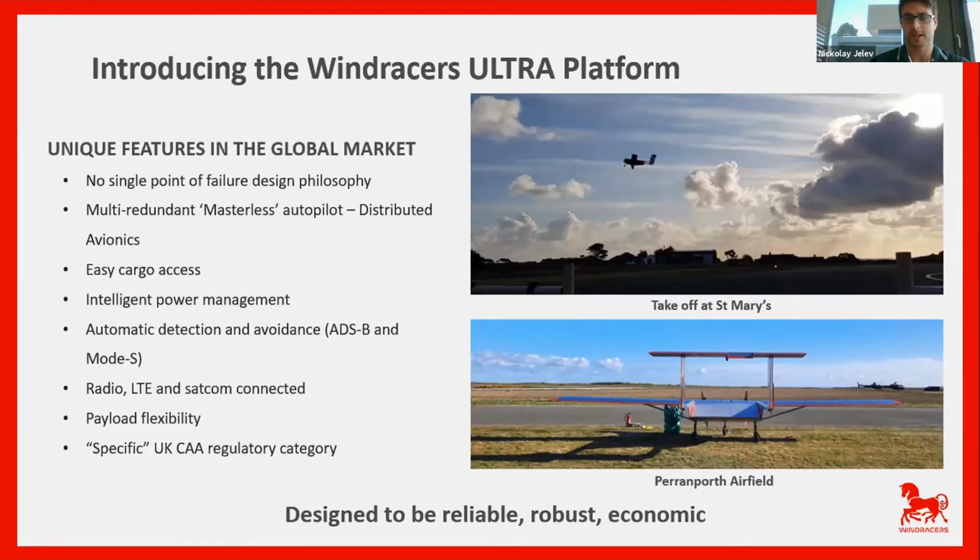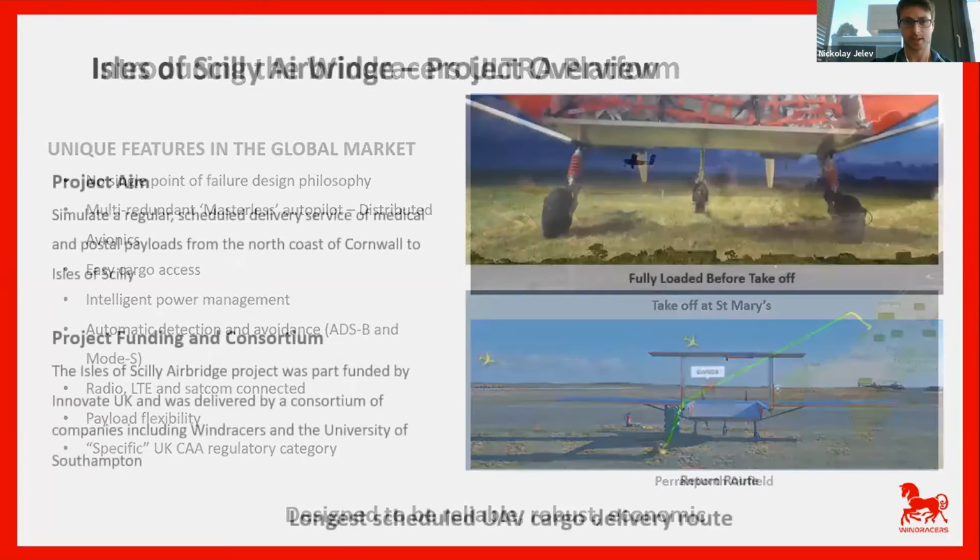It is fitted with the latest ADS-B and electronic conspicuity detection devices. And it is within the UK's CAA regulatory category of specific. So we are designed really to be reliable, robust, and economic from that aspect.